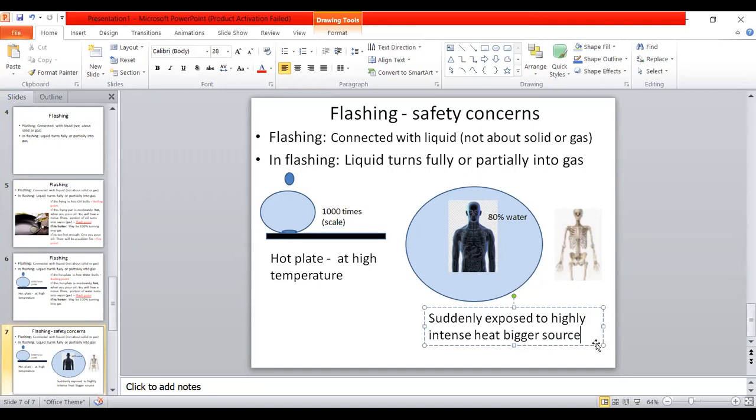In the vicinity of the bomb blast, it's an intense heat in huge amounts.